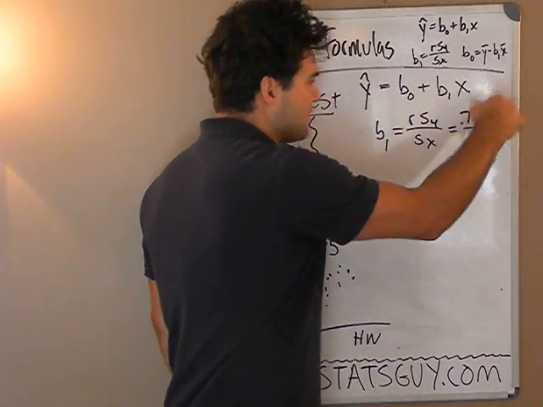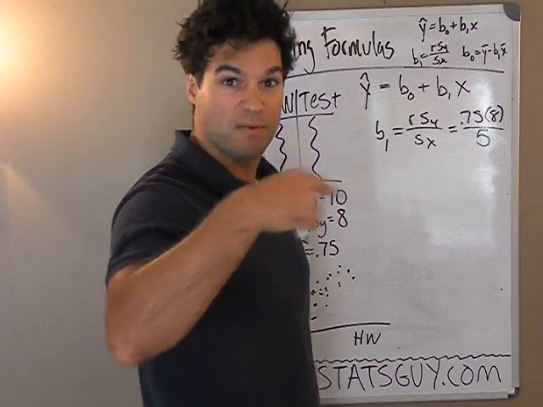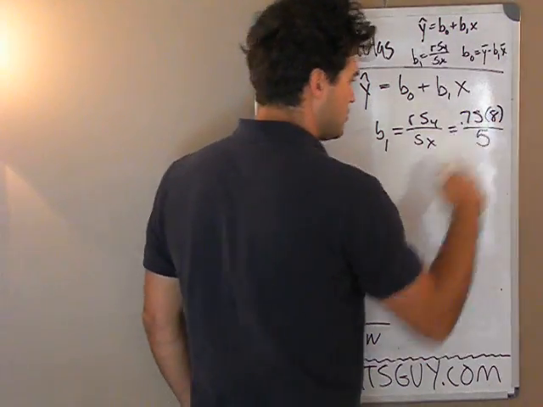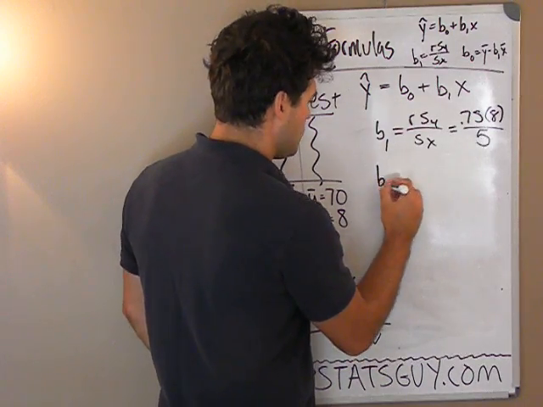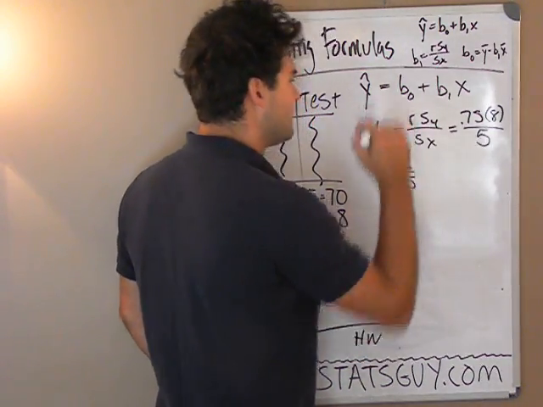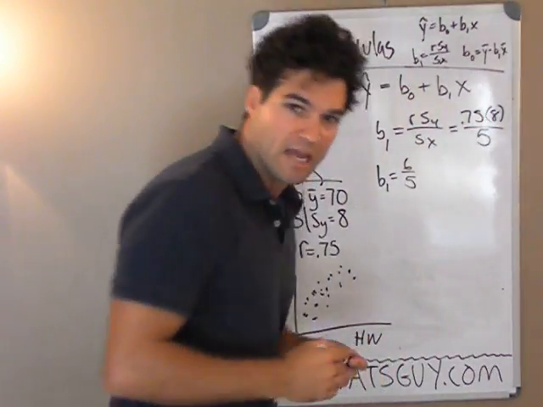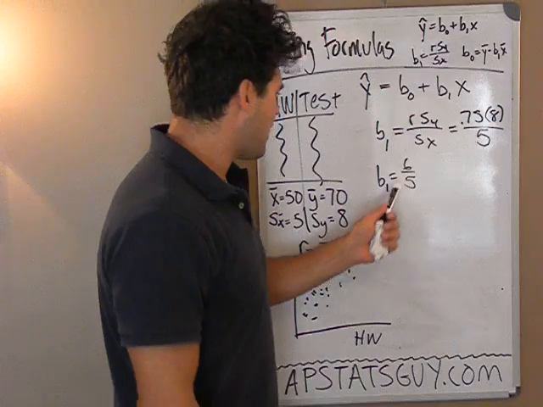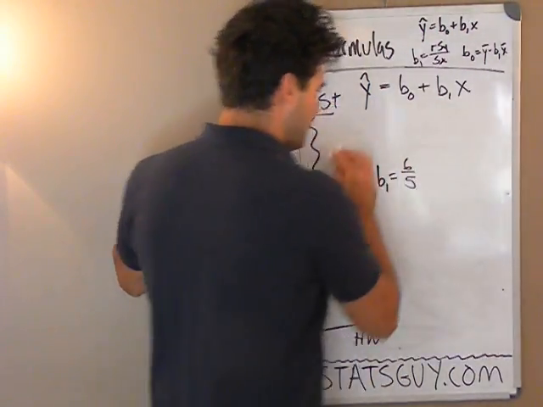Now, I've got this information, I can actually calculate it. 3/4 of 8 is probably 6, right? 0.75 times 8 is 6, over 5. So my b1 is simply 6 over 5. Let me double check that. Okay, good. Now I've got my slope.